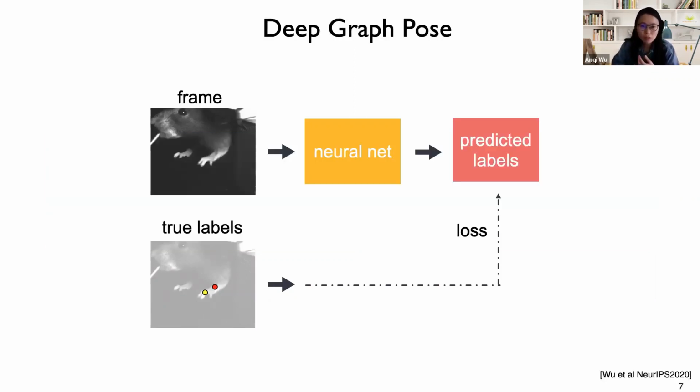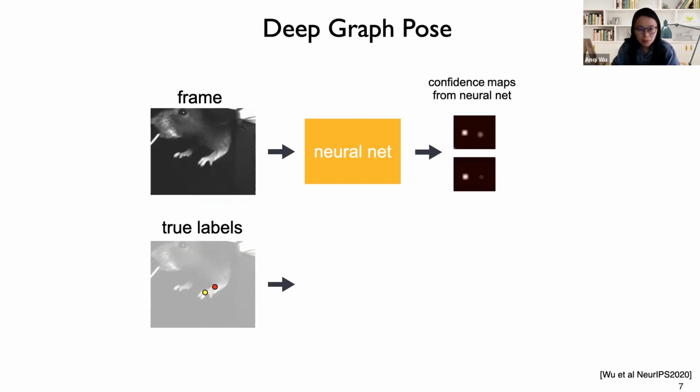So we propose a new probabilistic graphical model named Deep Graph Pose, which is also built upon the base model. The output of the network is the confidence map for each body part. The values of the pixels in these confidence maps are from 0 to 1, indicating how likely these pixels belong to the true body part.